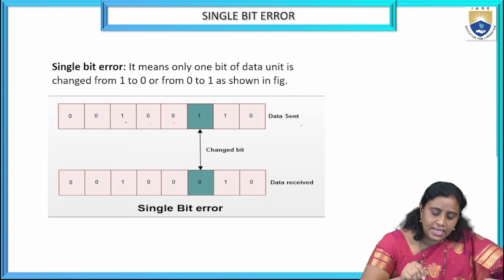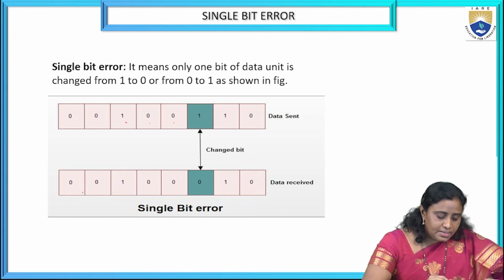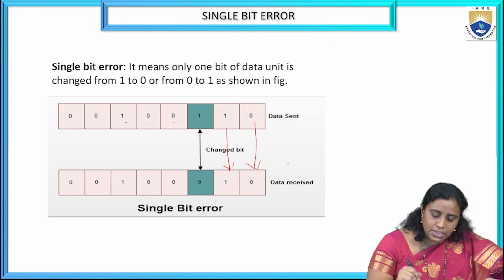At the destination side, the 1 will be changed or converted into a 0 bit, and the other bits remain the same, 1 to 1 and 0 to 0.